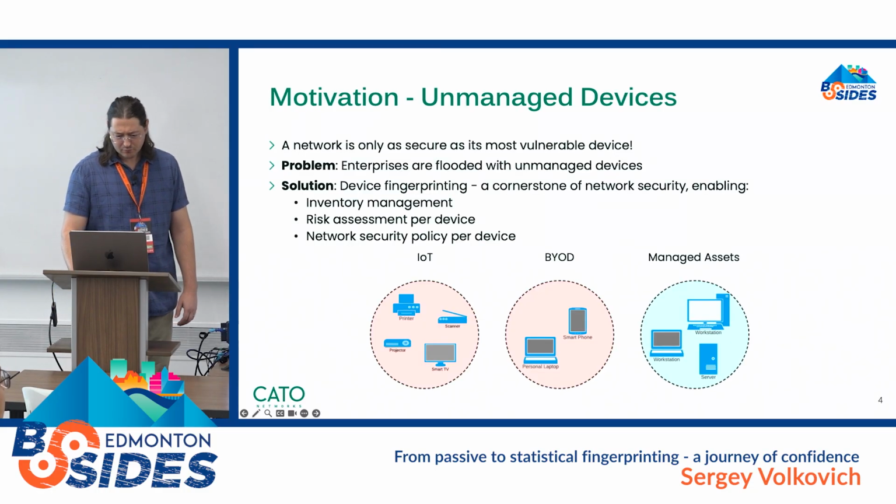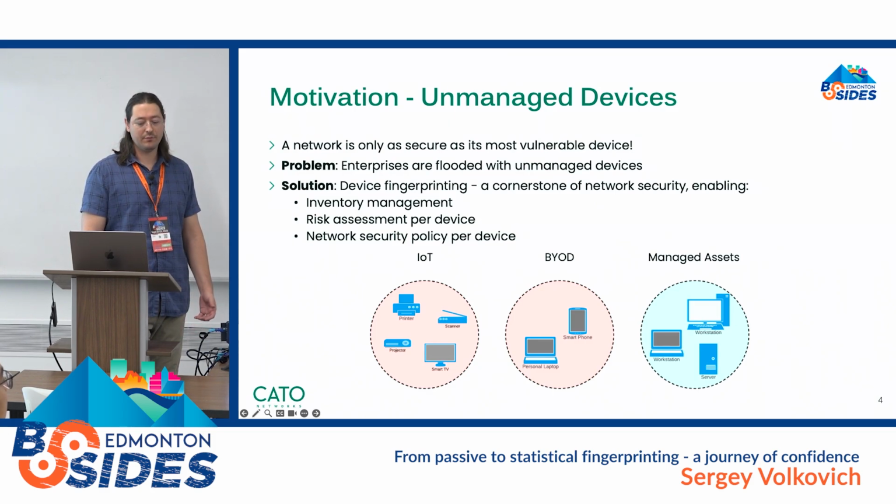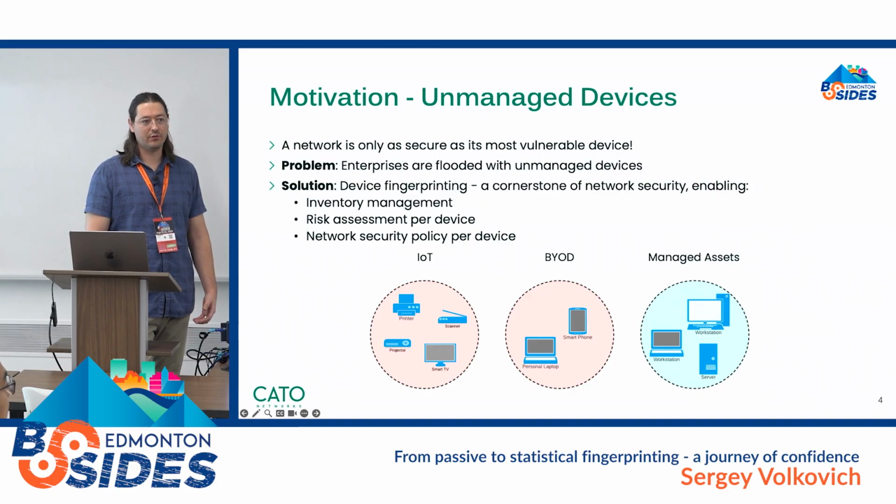Let's start. So as I mentioned, our motivation is the prevalence of unmanaged devices. We all know that the network is only as secure as its weakest link. The problem is that enterprises today are full of unmanaged devices. By unmanaged devices, I mean both IoTs and bring your own devices.